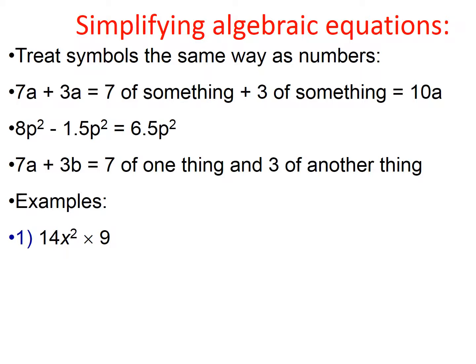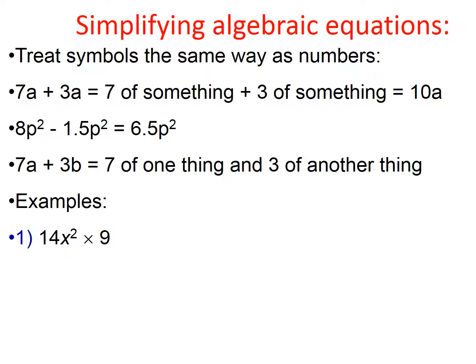Super simple. Similarly, if you've got variables squared, like p squared or a squared, it's the same. You can add those together. So 8p squared minus 1.5p squared, you're just adding them together.